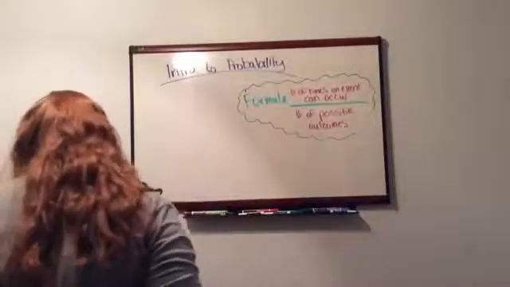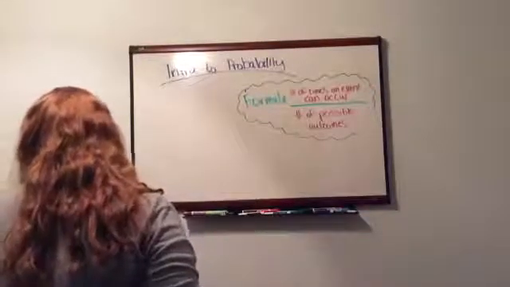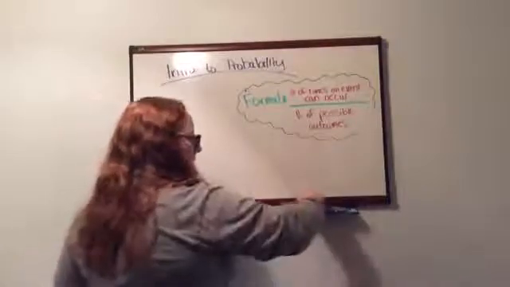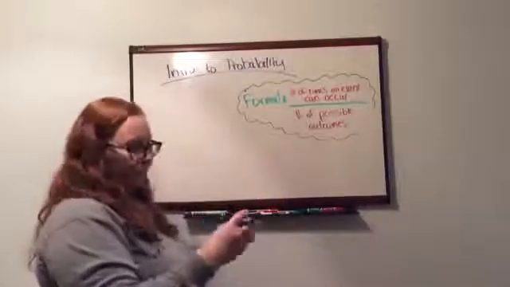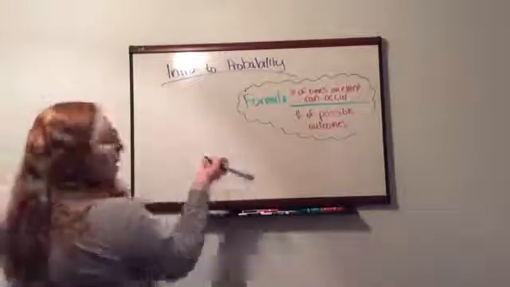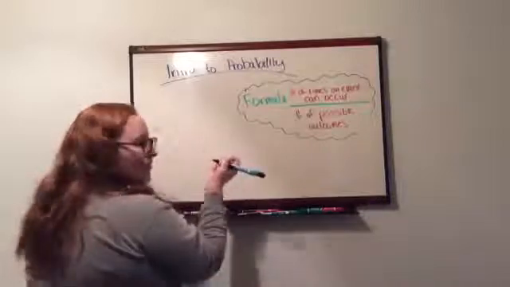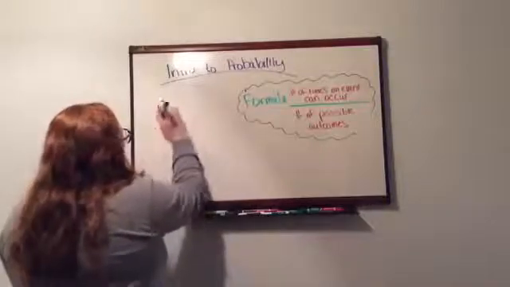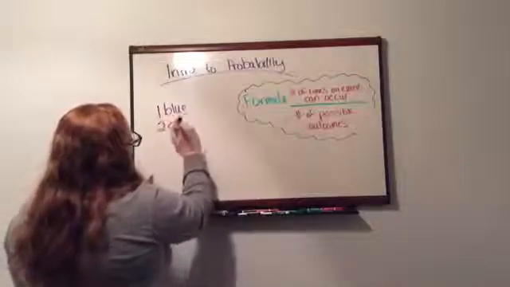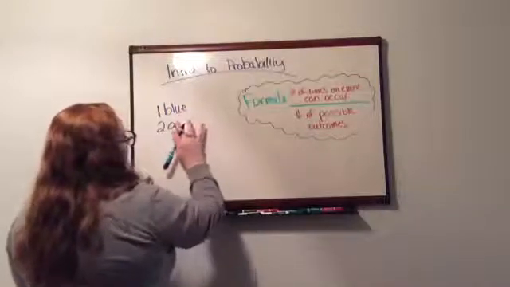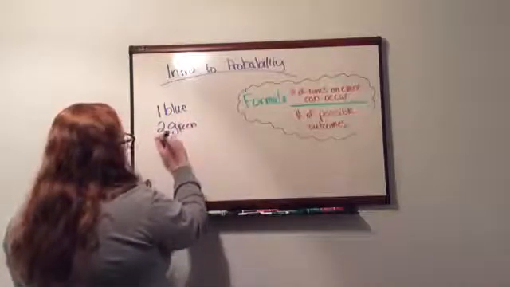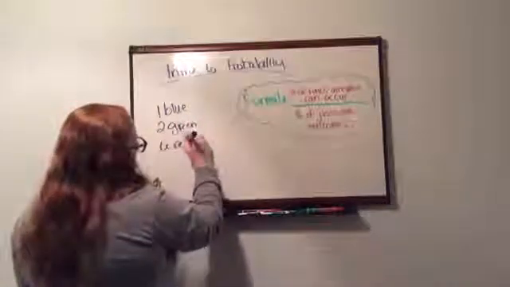So we have an example problem here. We'll go with blue. So we have a bag of marbles. So we have one blue marble, two green marbles, and 6 red marbles.